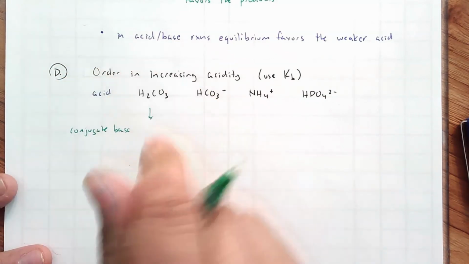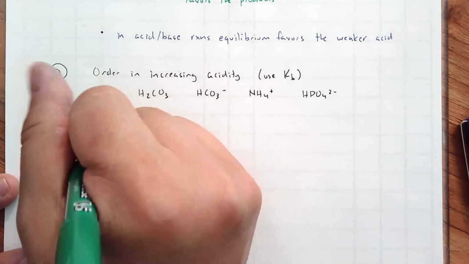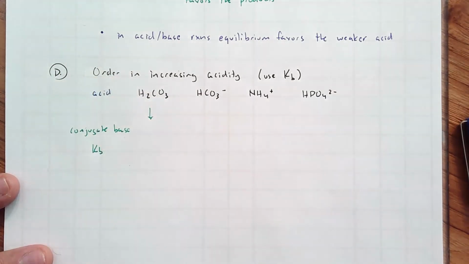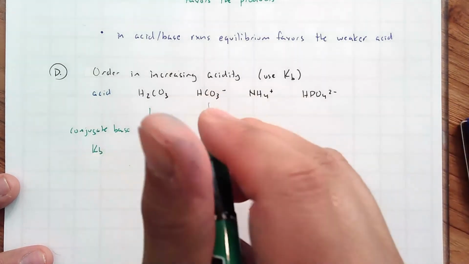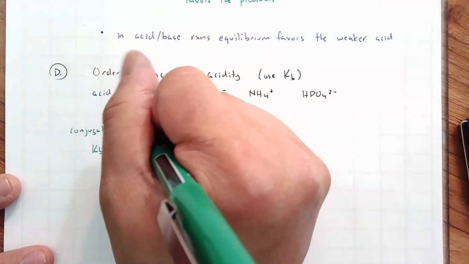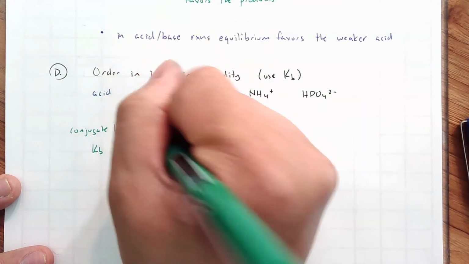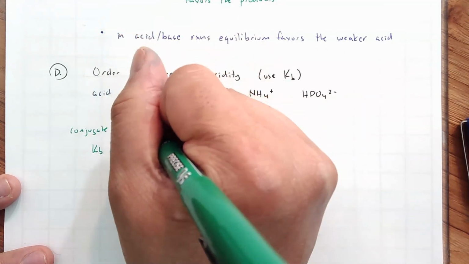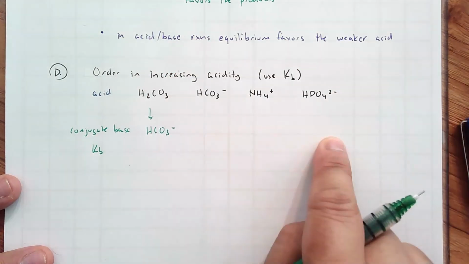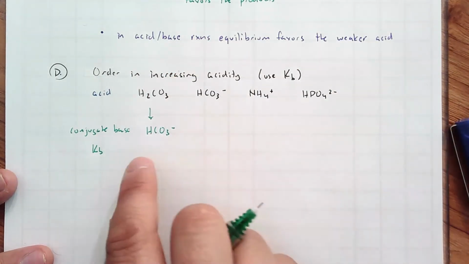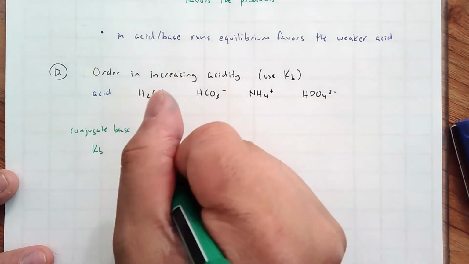And those are the species that I'm going to give you the KB for. H2CO3. I have to write the conjugate bases first. HCO3 minus. You want to fill in the rest, and while you do that, I will give us the KBs.